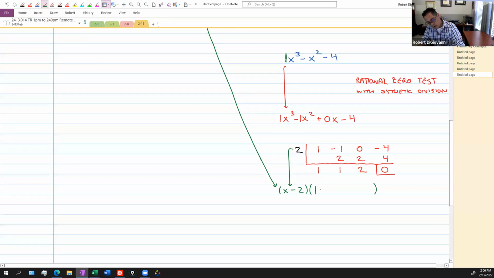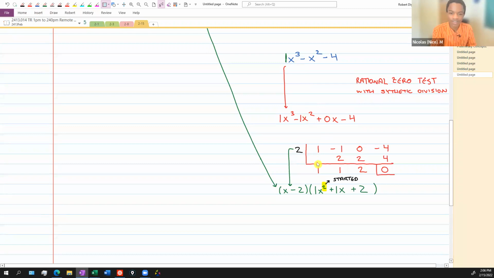So you should have 1x squared plus 1x plus 2. And the reason that's a squared is because we started with, what power was that polynomial when we started? 3. So this will always be 1 less than it. So if this had been a 4, then this first term would be 1x cubed.